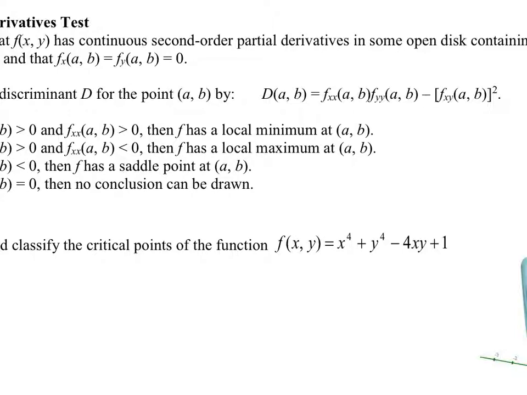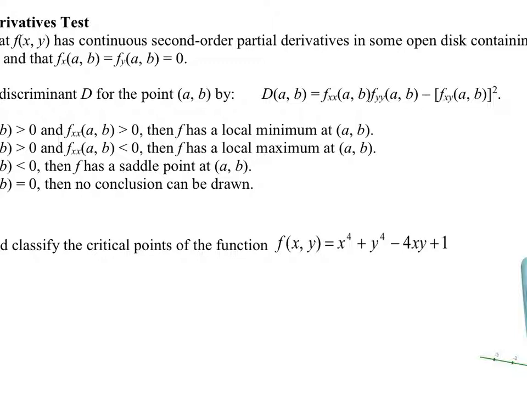We define the discriminant, all right? So we get our critical values, still got to do that, but we define the discriminant by this formula. Second order partial with respect to x, then y, then the mix. We'll talk about where that comes from next time.